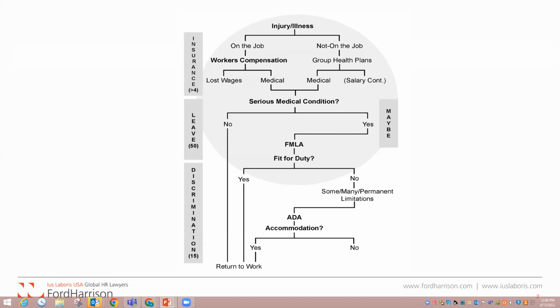And then we go down in our flow chart to, we potentially have to provide that person with an accommodation over and above the FMLA leave, or there is not an accommodation that we can grant. So the presentation we're going to do is going to cover all of those and how they interact with each other.